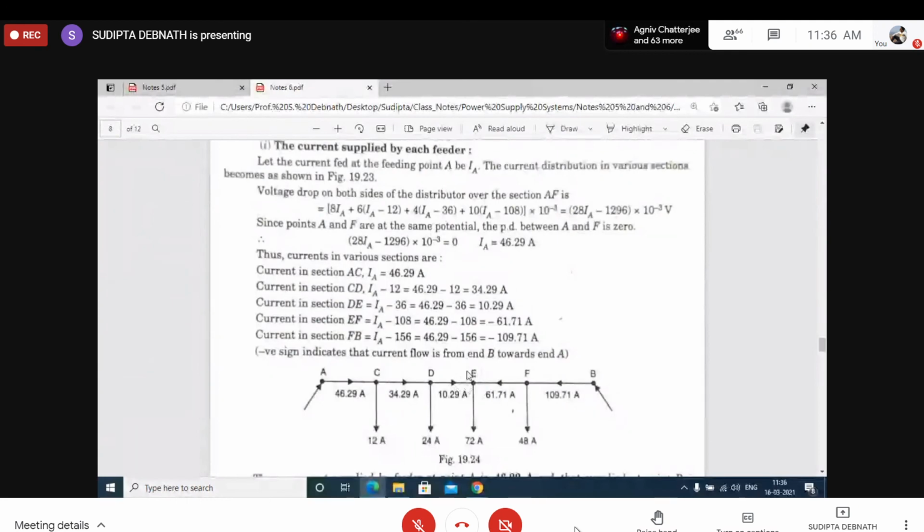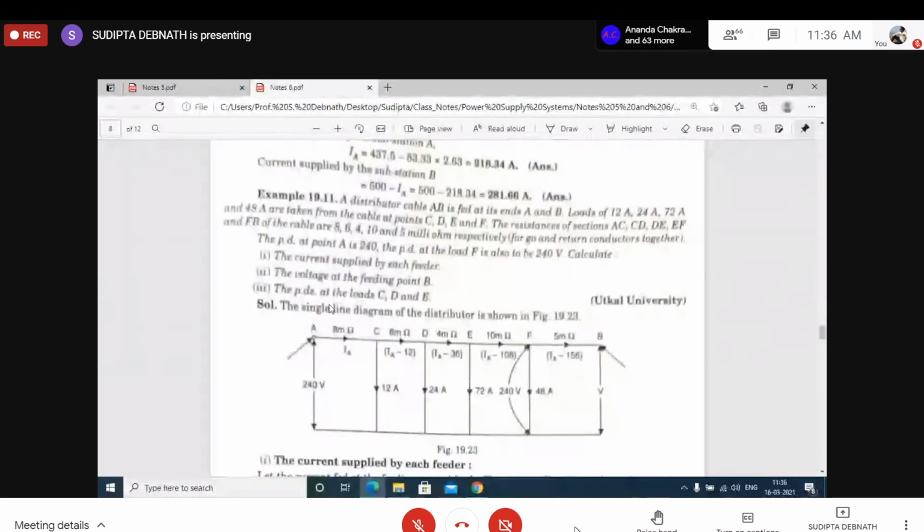If E is the point of minimum potential, then they have asked to find, oh, they have not asked to find the point of minimum potential. Anyway, they have asked to find the potential at points C, D and E, and also the voltage at the feeding point B. How to find the voltage at the feeding point B?